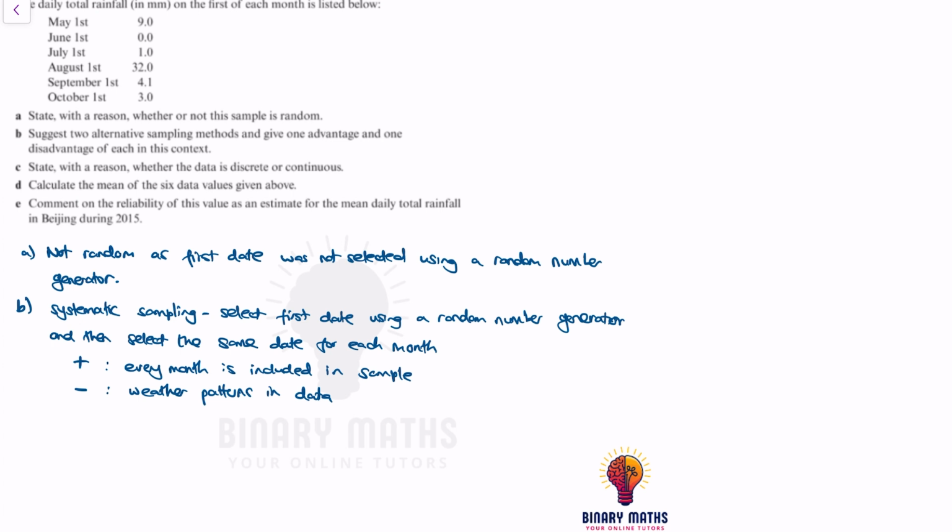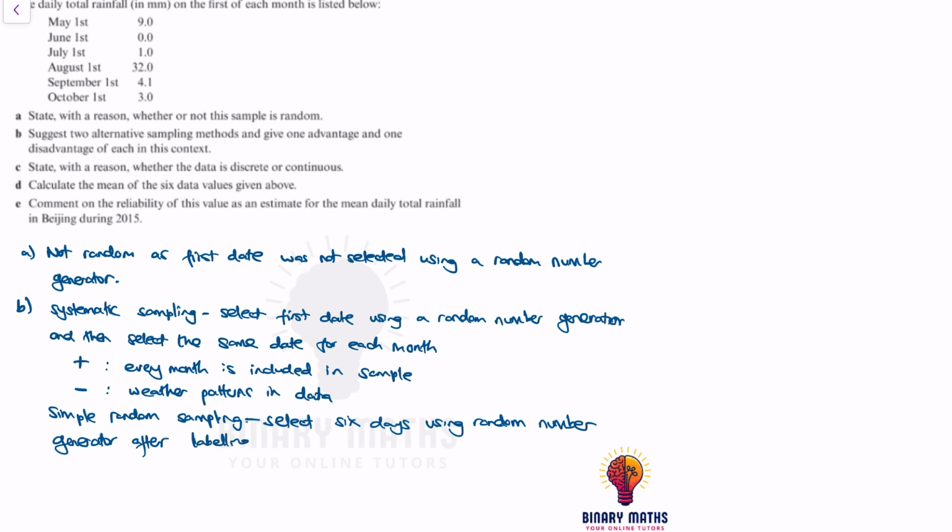You can also have simple random sampling. So select 6 days using a random number generator after labeling the sampling frame. You have to have a sampling frame for this one.